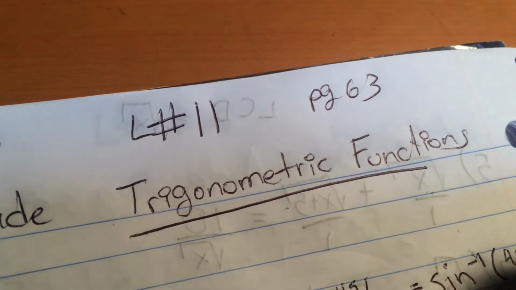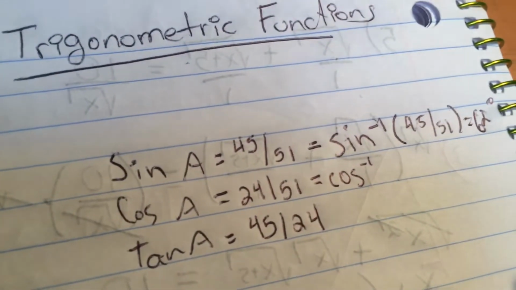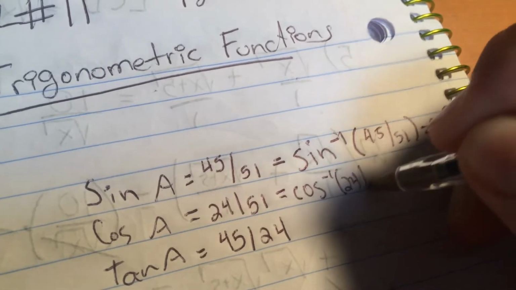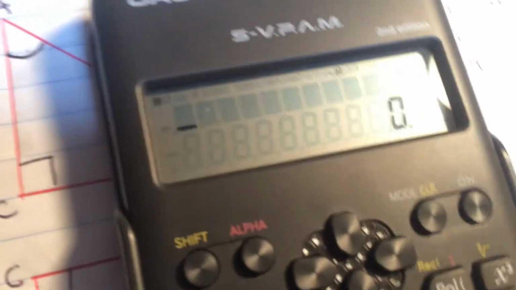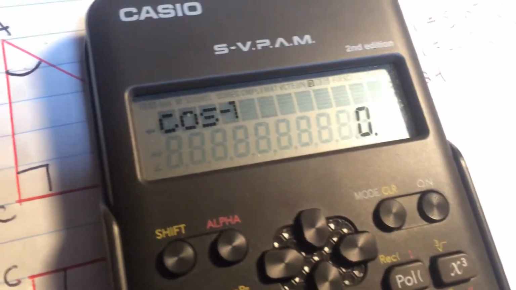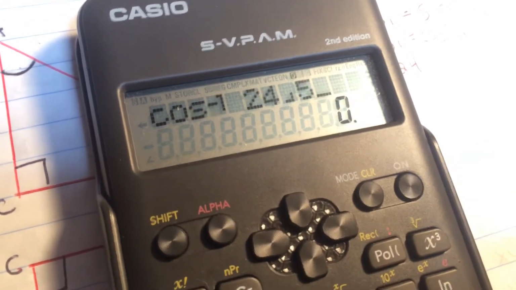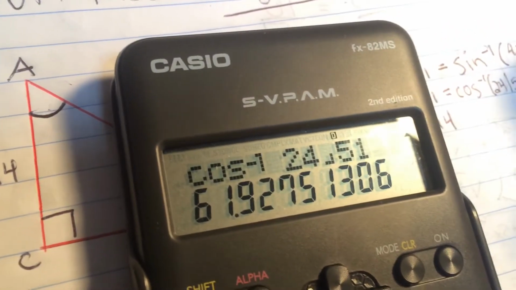For this one, we already know that it's going to be inverse cosine of 24 over 51. So we come to our calculators. Inverse cosine of 24 over 51, 62.